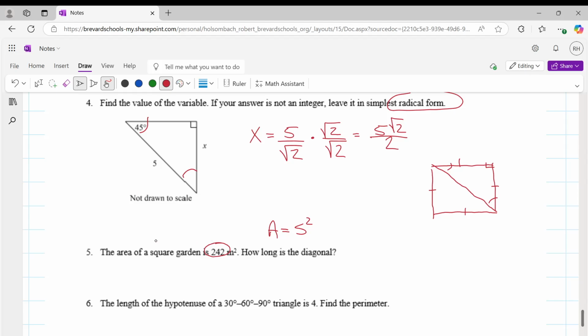So I'm going to say that 242 is equal to a side squared. And if I find the square root of each side, then I get a side length equal to the square root of 242. So this S is equal to the square root of 242, which is 15.6.